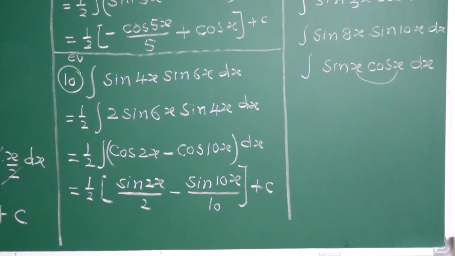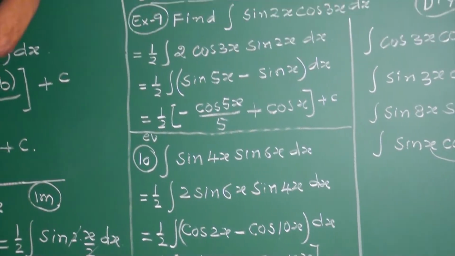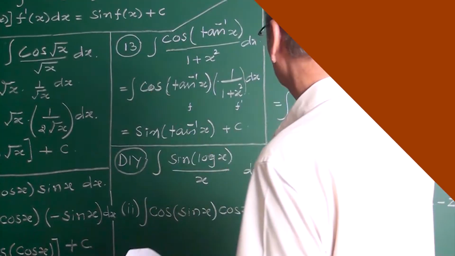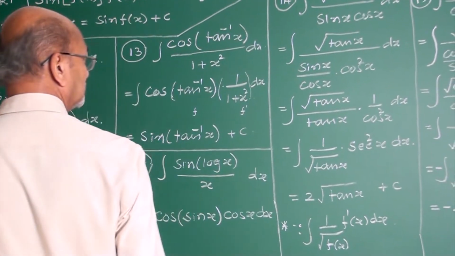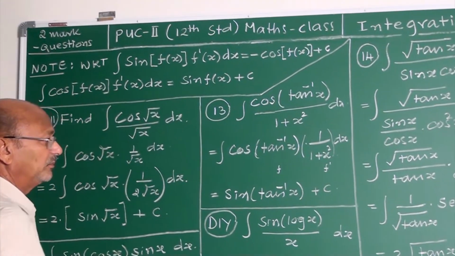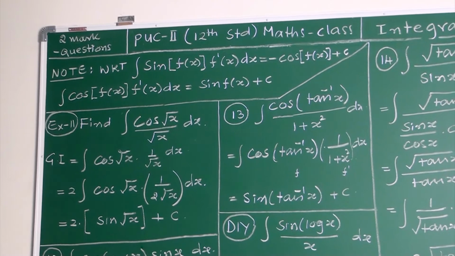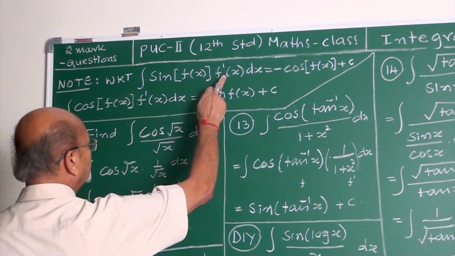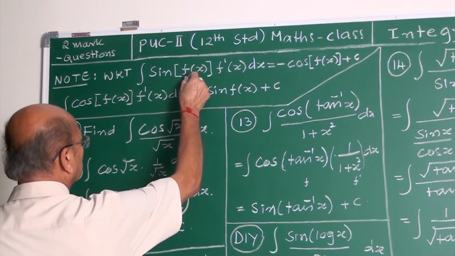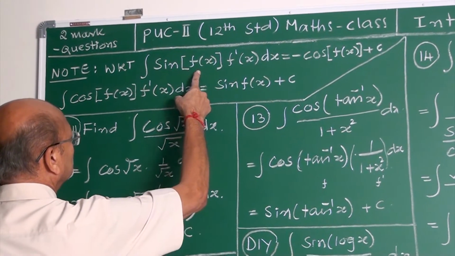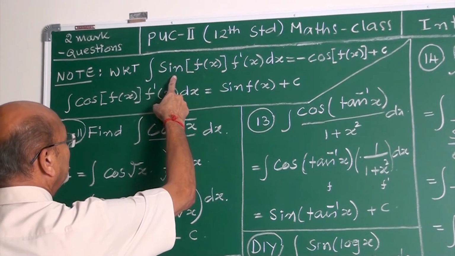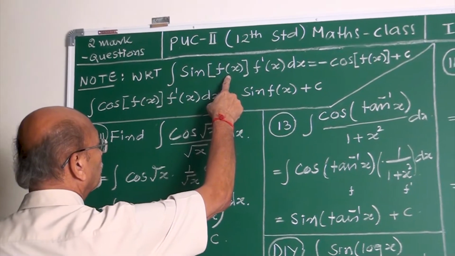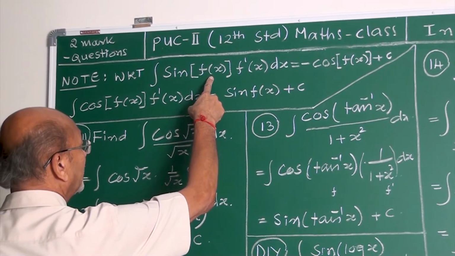Yes, friends, these are examples based on another type. See, another formula: integral of sin f(x) into f dash x. What is your observation? The angle is other than x. We know the formula when the angle is x itself.